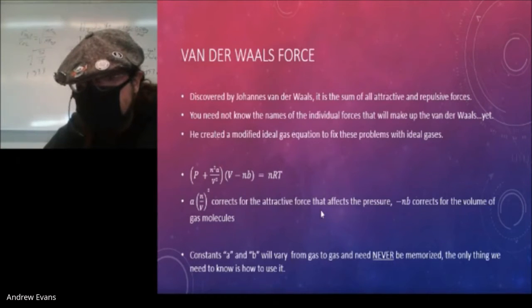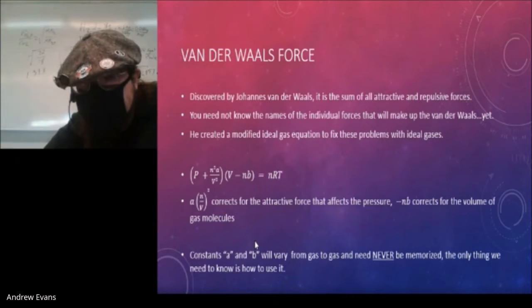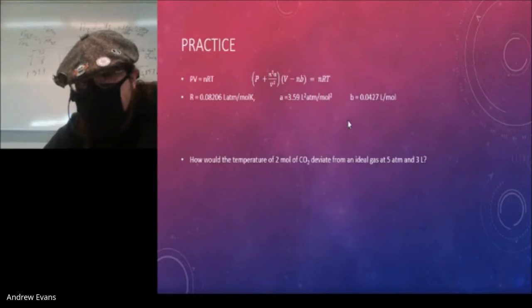But the fact of the matter is, all it is, once again, we define everything we know, we solve for what we don't know. The only difference is now we have a few more variables, and it's a little bit messier of an equation to deal with. But the last slide we'll look at is this practice slide.